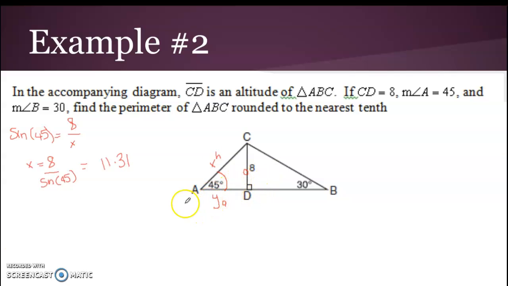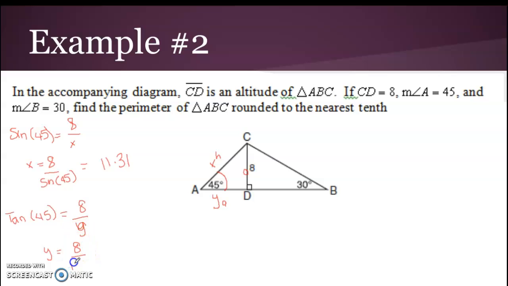Now let's find y. That's tangent. So tangent of 45 is equal to opposite, which is 8, divided by adjacent, which is my y. So again, this involves some division because it's in the denominator.